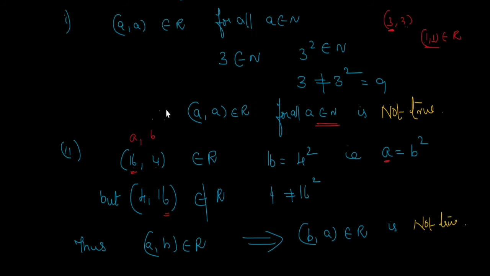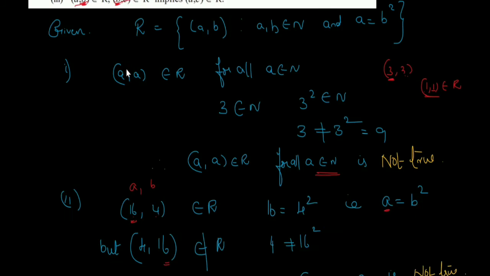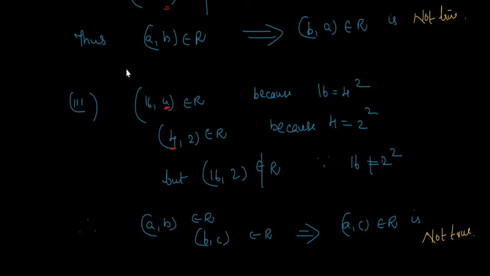This is how they are given here: (a, b), (b, c) belong to R. So (b, c) is (4, 2), which belongs to R. Yes, because when you square the second element, you get the first element. (16, 4) belongs to R because you square 4 and get 16. (4, 2) belongs to R because when you square 2, you get 4.